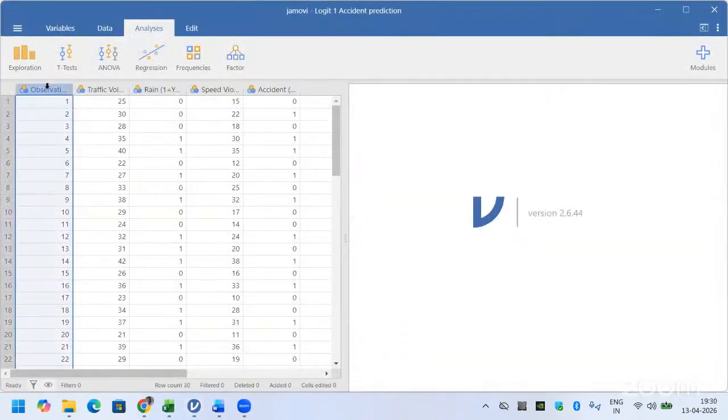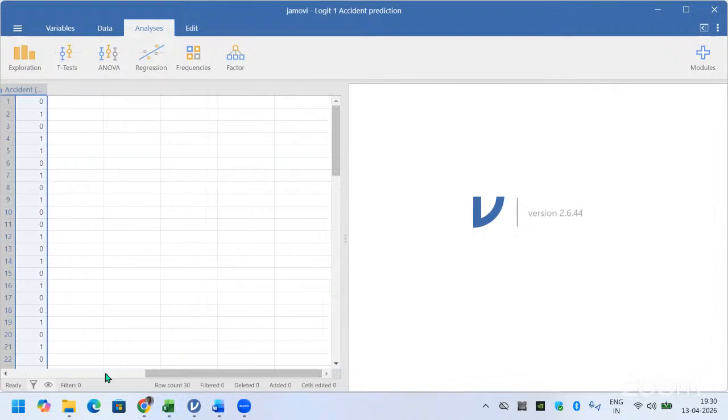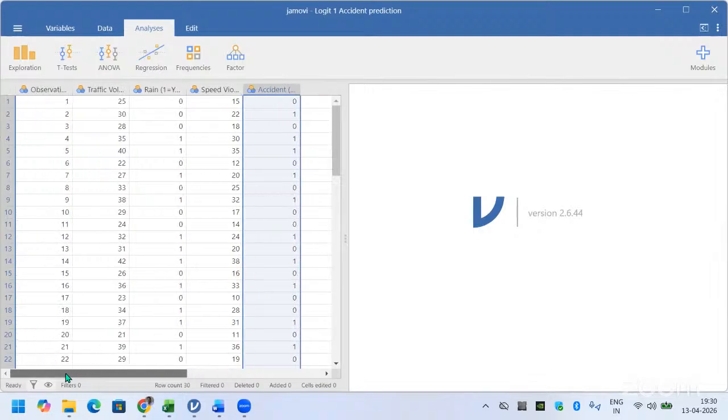Here I can see the observations: traffic volume 25, rain equal to 0 or 1, violations, and whether an accident happened. So this is the data which I've got.